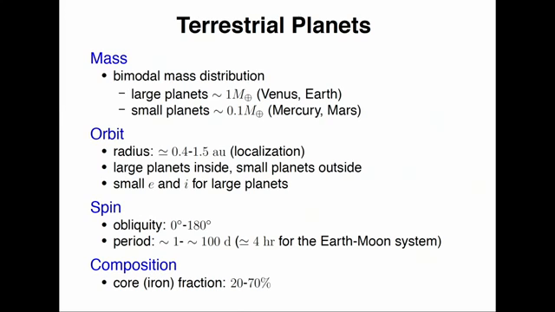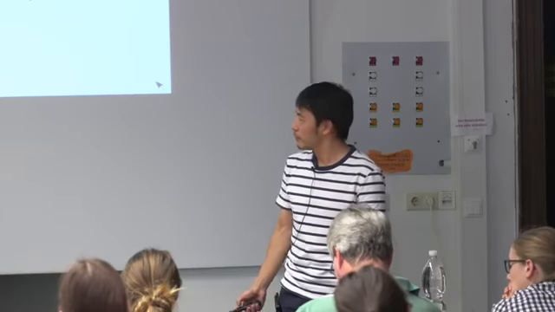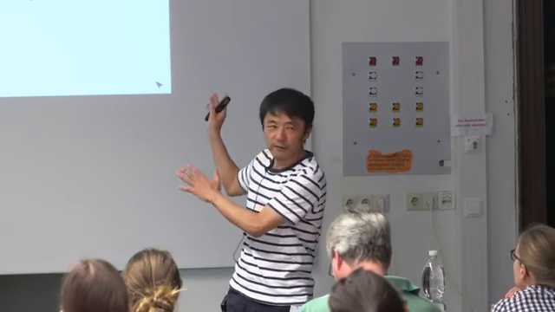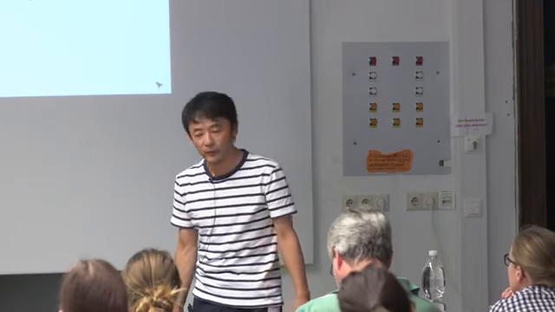So the Earth-Moon system has relatively large angular momentum, corresponding to this 4-hour spin period. And compositions are also different, especially Mercury is different from the others. So these are important properties of terrestrial planets that we would like to explain.